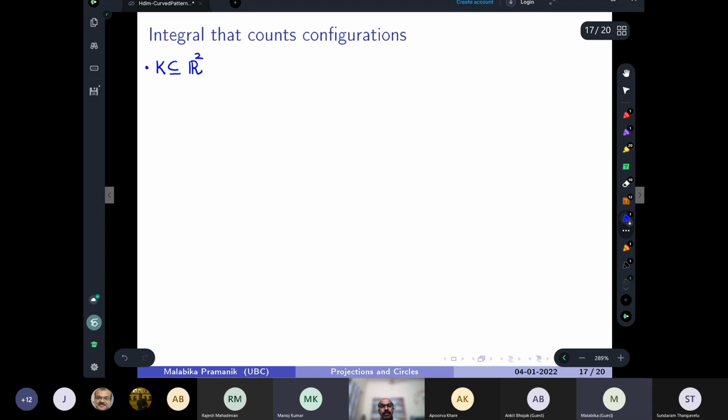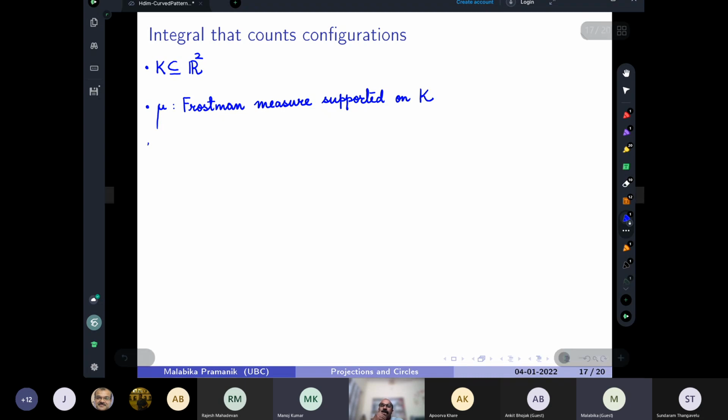We have a measure mu, a Frostman measure supported on K. And what we want is to show that x plus z squared is contained in K.